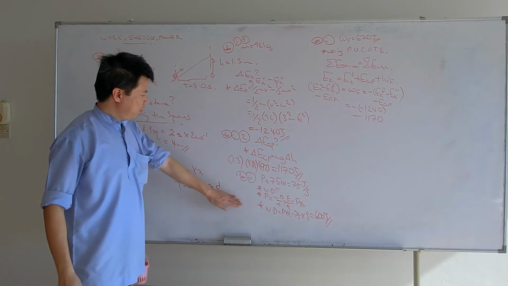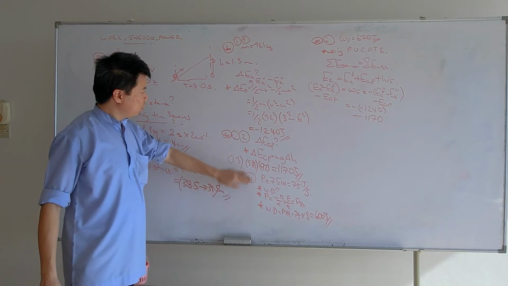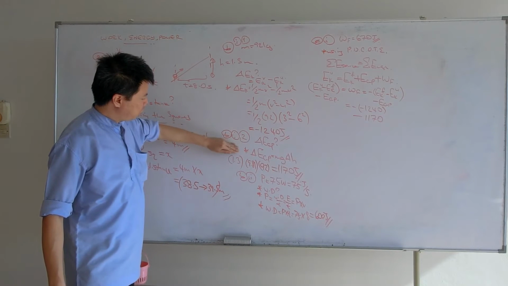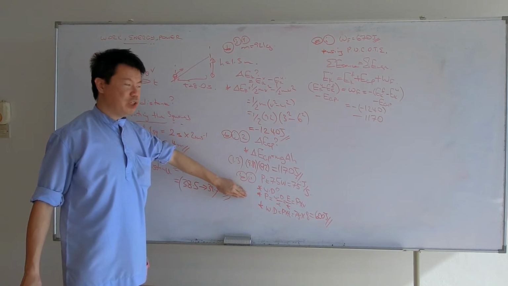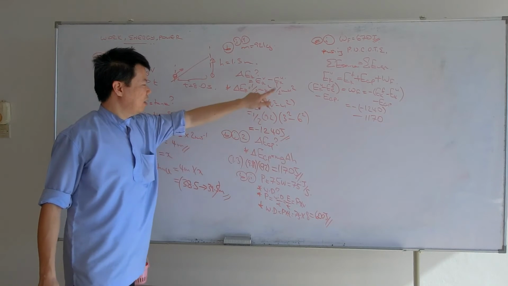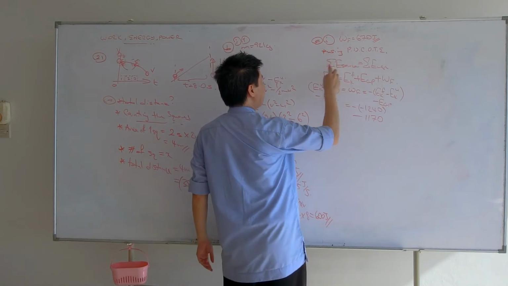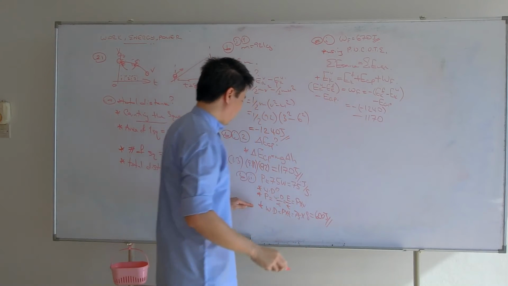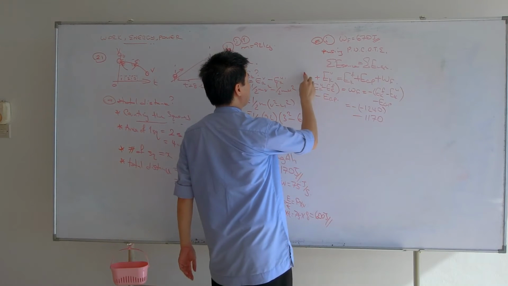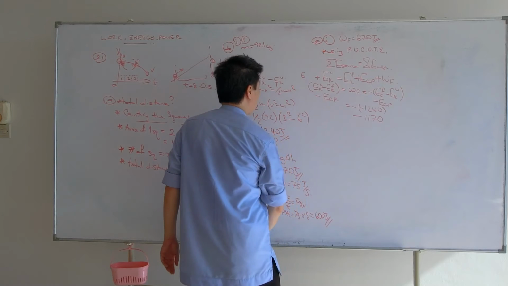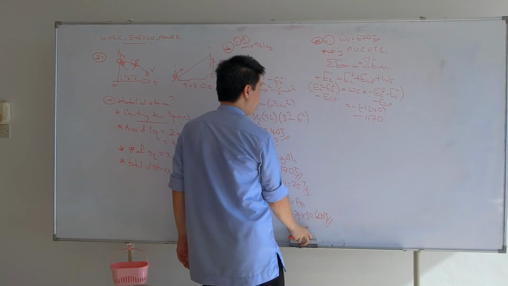But we have a problem because we not only have kinetic energy and gravitational potential energy, we also have the energy given by the cyclist, and this is an energy source. You also have the work done given by the person to be 600 joules. So we say this is the work done by the cyclist.